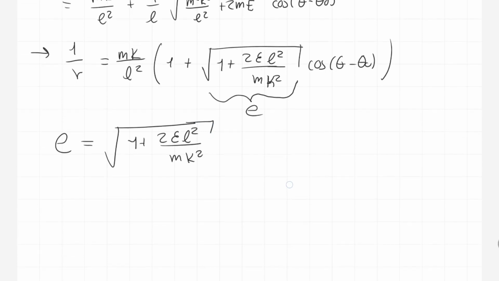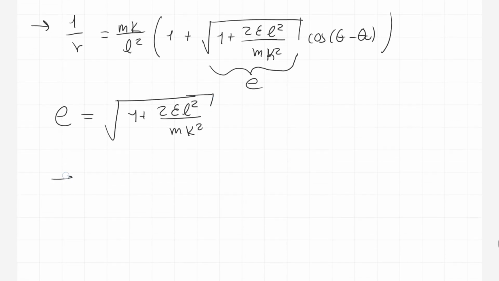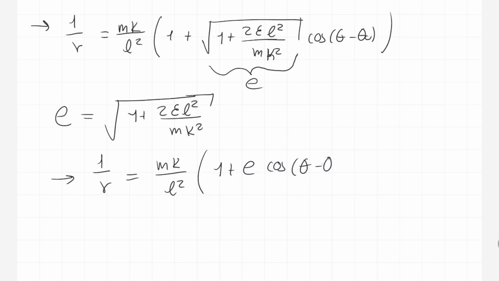Okay? So if we rewrite the equation, we are going to get 1 over r equals mk over L squared times 1 plus e cosine theta minus theta 0.